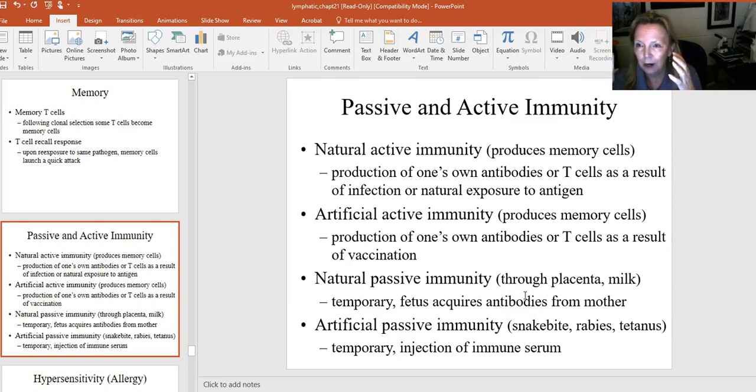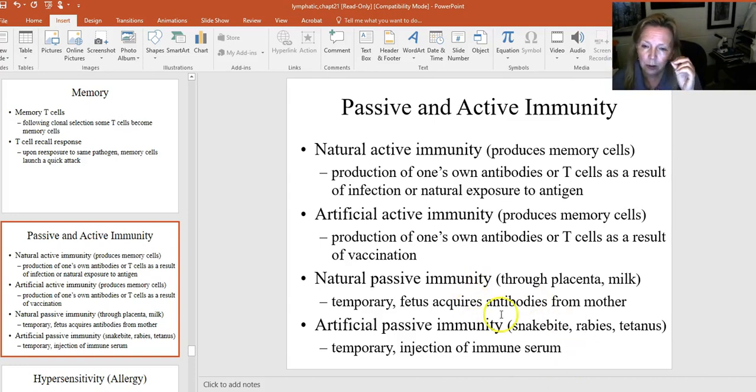Now, they won't last forever. They're just proteins. They're going to break down eventually. And then the fetus is going to have to make their own response. Well, now it's called a neonate. Neonate is in the first few weeks, and it's going to have to make its own response. But for the first little while, a fetus can actually be protected by the mother's IgG antibodies.